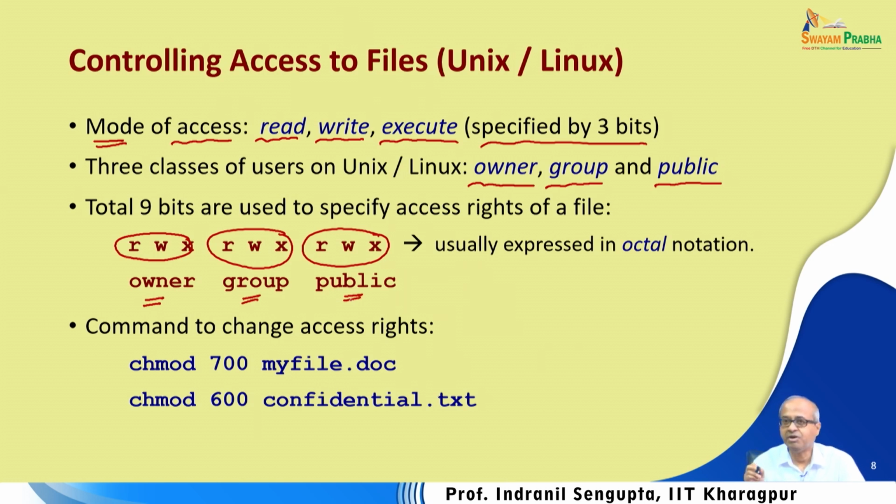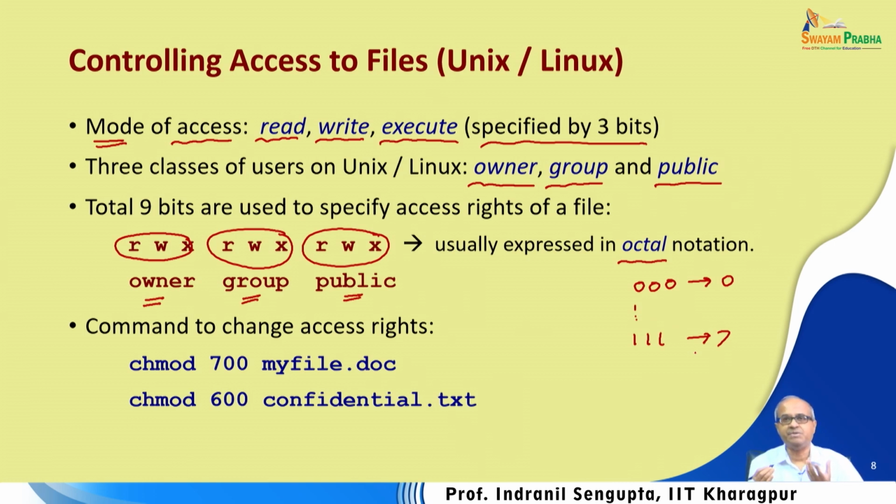So, you can specify how you want this file to be accessed. These are 3-bit numbers, normally expressed in octal, 0 to 7. 0 0 0 means 0 and 1 1 1 means 7.